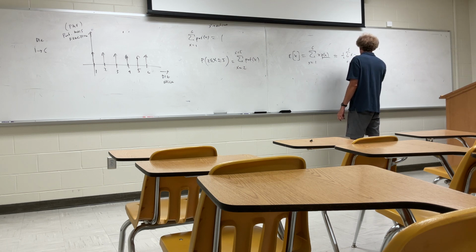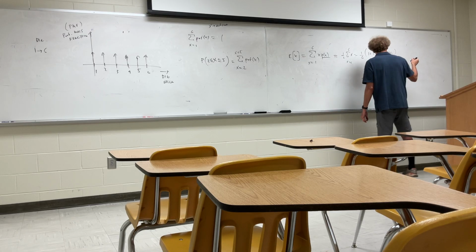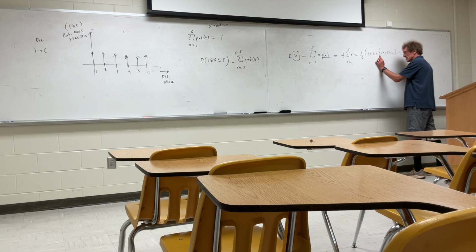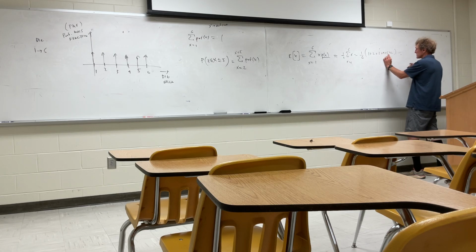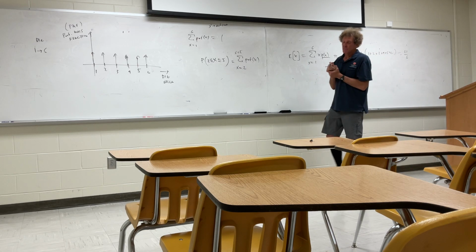So I have 1/6, and then it's going to be 1 plus 2 plus 3 plus 4 plus 5 plus 6. And if you look at this, I got 3 and 3, 6 and 4 is 10, and 5 is 15, and 6 is 21, so it's 21/6. That would be the expected outcome from rolling a die.